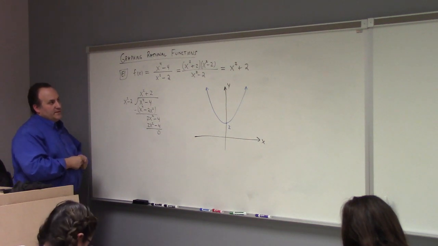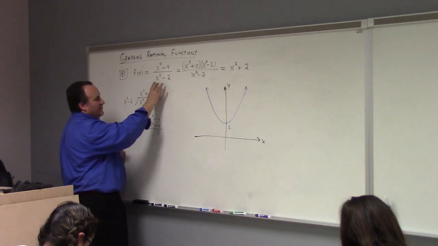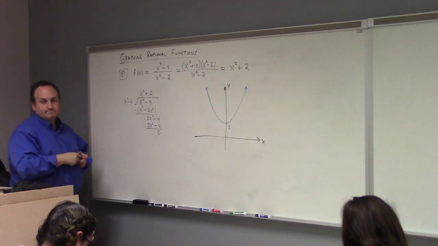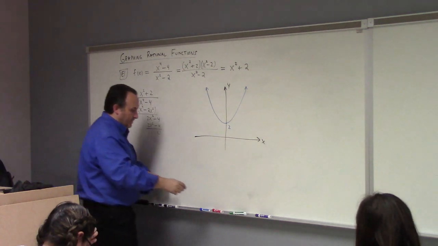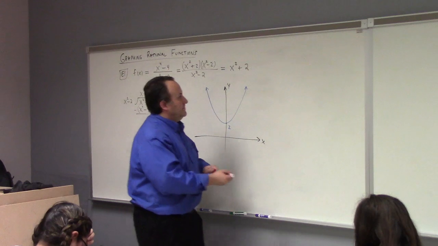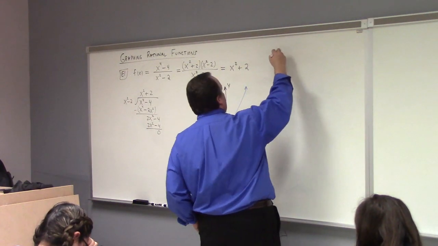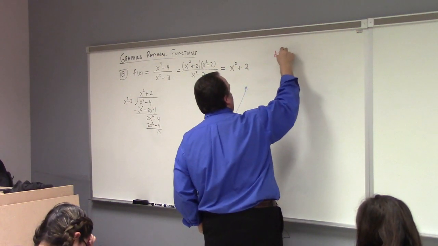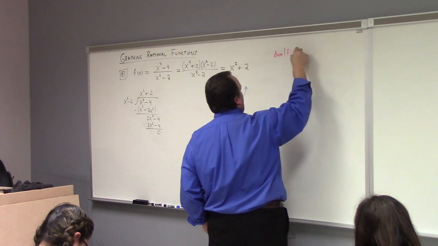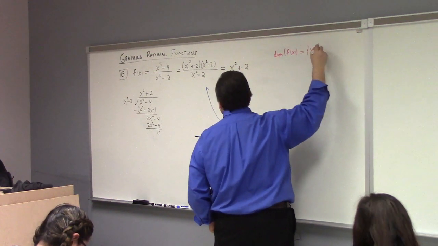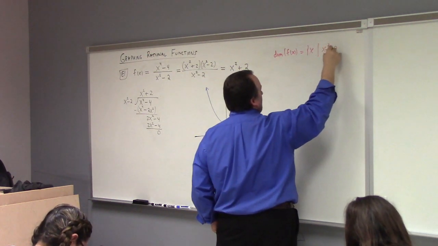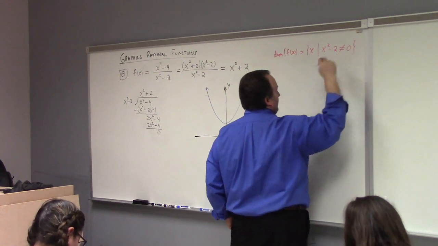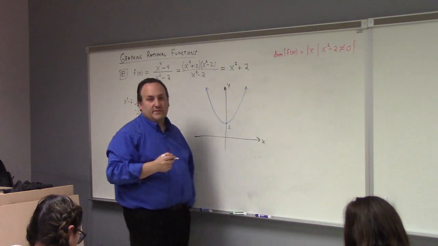See, because look, the formula that you're given, what's the domain of f? It would be x such that x squared minus 2 is not equal to 0, right? When can x squared minus 2 be 0?